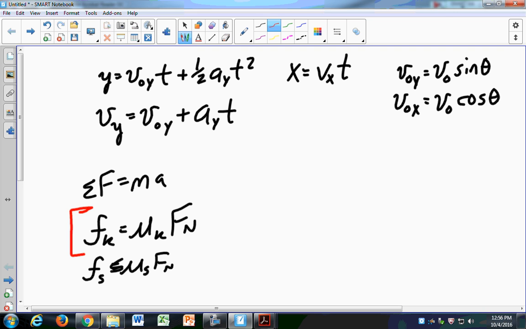We have to solve for FS like we solved for FK. It would be like you'd be solving for the maximum. So you just visualize an equal sign on it, right?